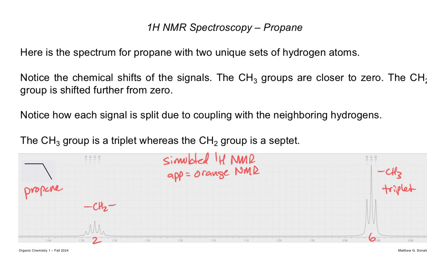So it's a triplet because we count 1, 2, 3 lines. And then the CH2, which is a septet, the first line is really tiny, but it's right here. So 1, 2, 3, 4, 5, 6, and 7.